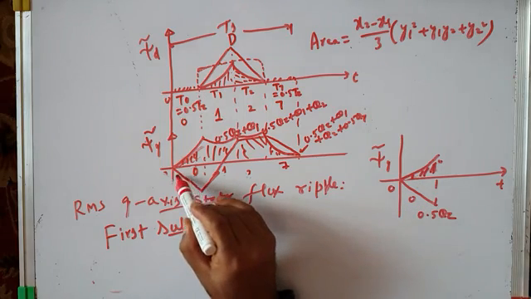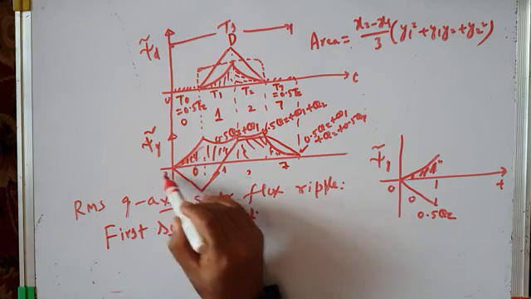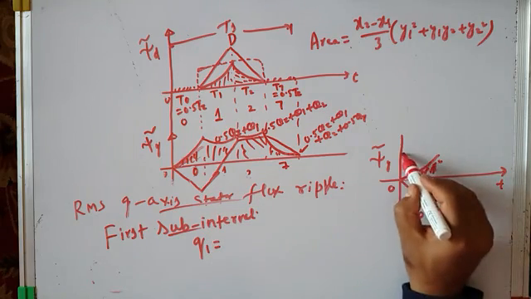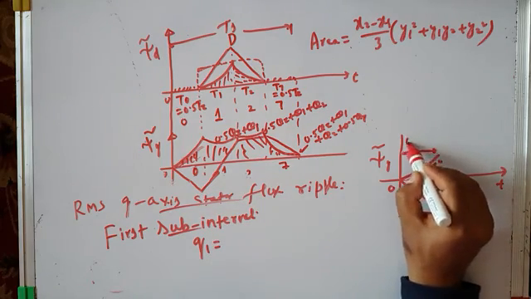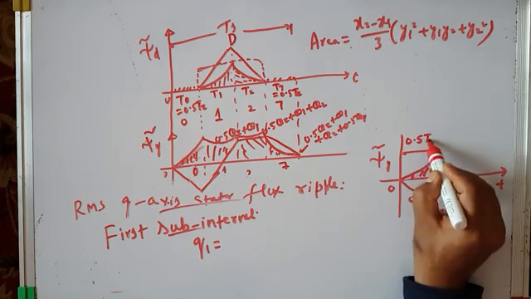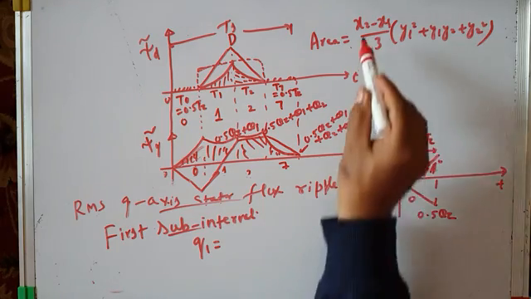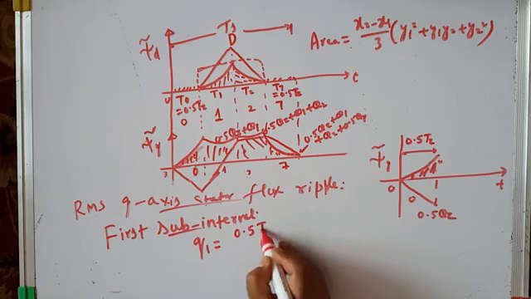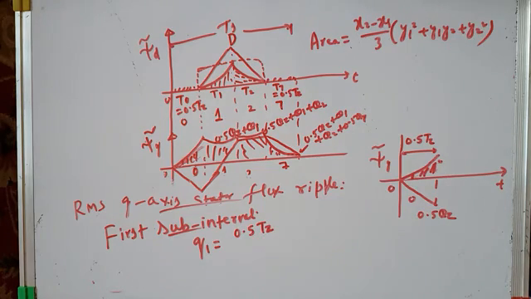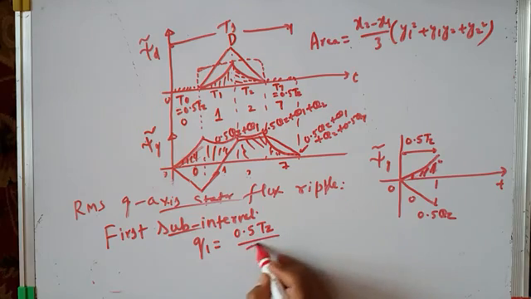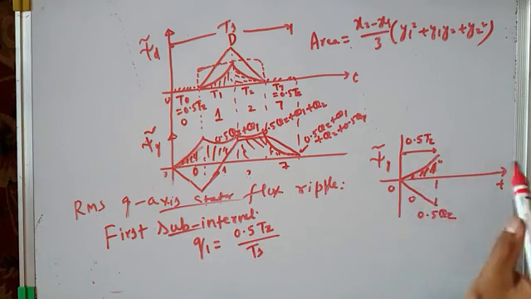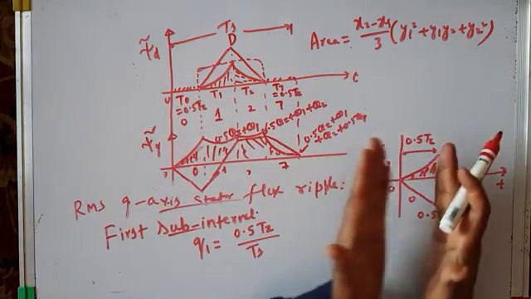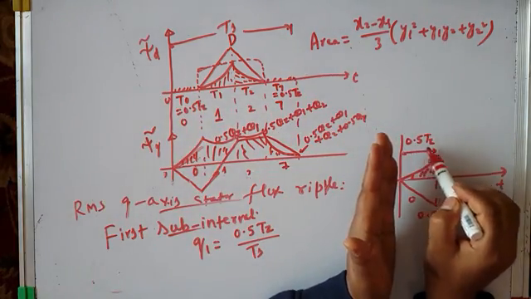Because you can see from here to here, we are applying null vector, and this whole time interval is 0.5 tz. So x2 minus x1 is 0.5 tz divided by ts. The total time interval is ts, out of which null vector is applied for 0.5 tz.